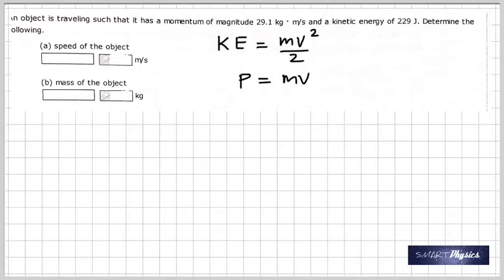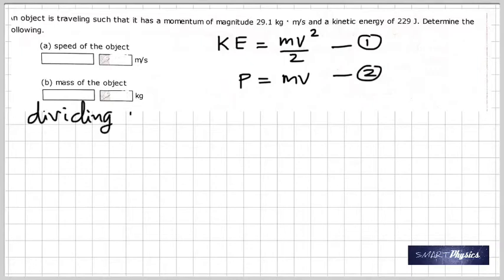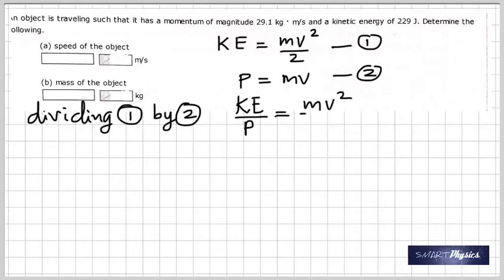On the left hand side, you get kinetic energy divided by momentum, so dividing 1/2 KE by P. And on the right hand side, you get mv squared by 2 divided by mv. The masses get cancelled.